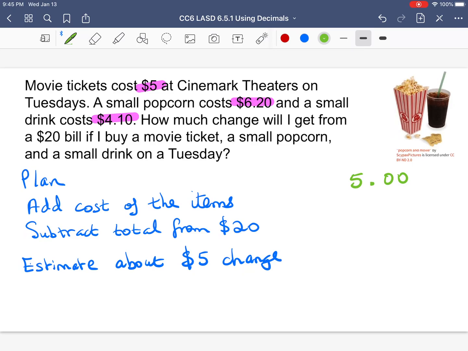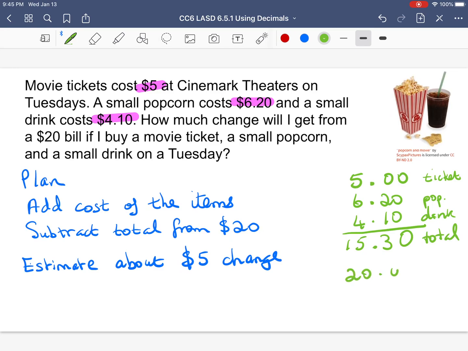And that's for the ticket. $6.20 for the popcorn and $4.10 for the drink. And adding them up, 5 plus 6 is 11 and 4 is 15. $15.30 total cost. And now I want to subtract that from 20.